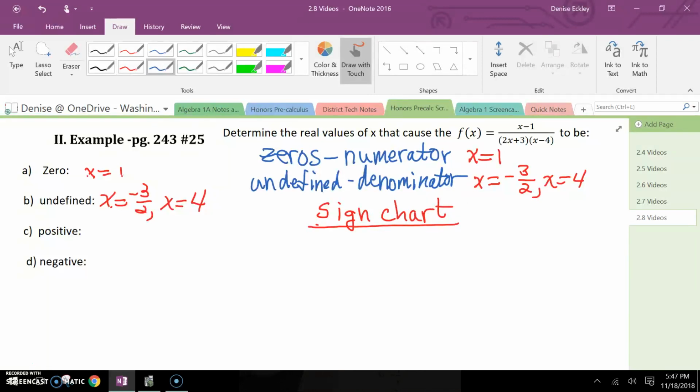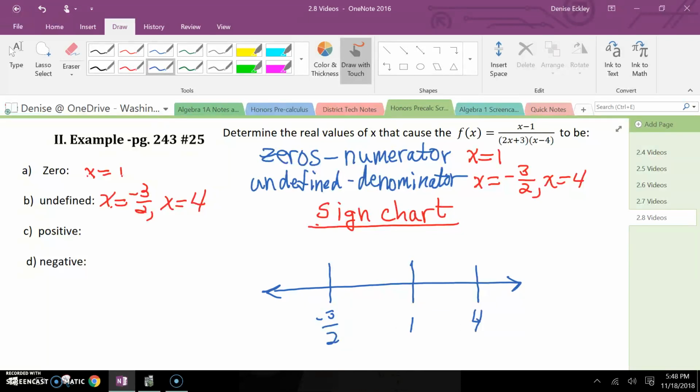So again, we're going to draw a number line. We're going to put not only our 0 on there, but also our undefined values, because they are the points that divide the graph again. Okay, so the smallest of those is negative 3/2, and then we have 1, and then we have 4.